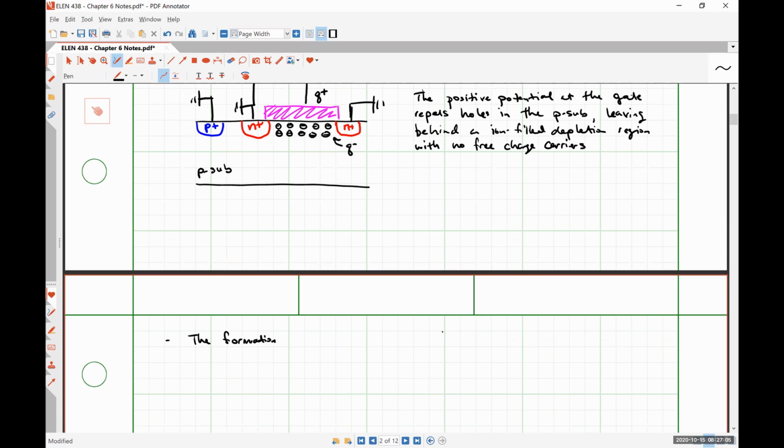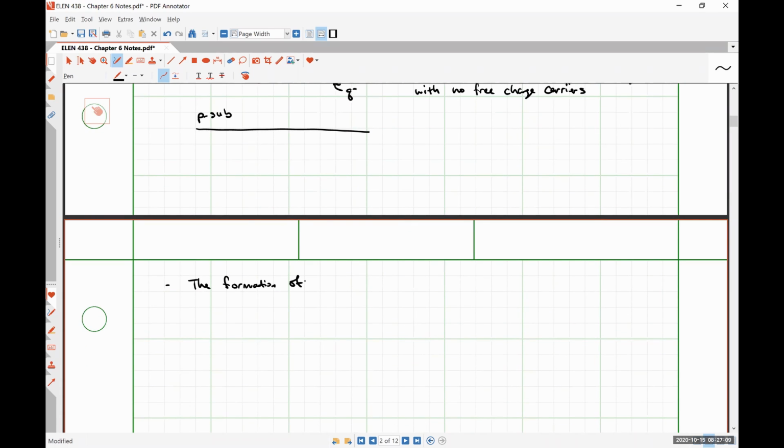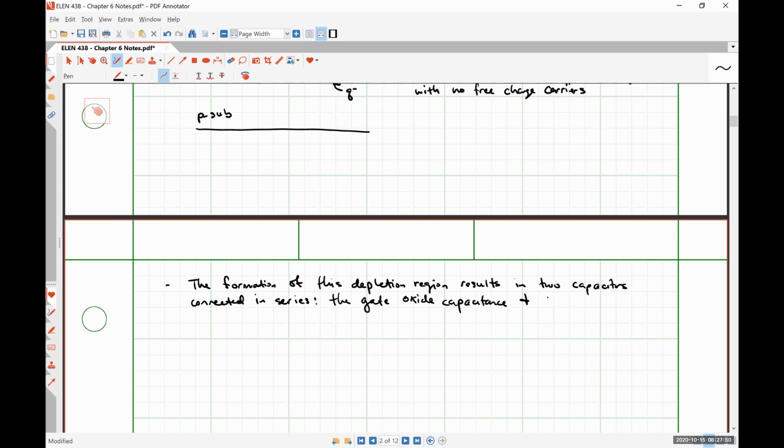Formation of the depletion region results in two capacitors connected in series: a gate oxide capacitance and the depletion capacitance.